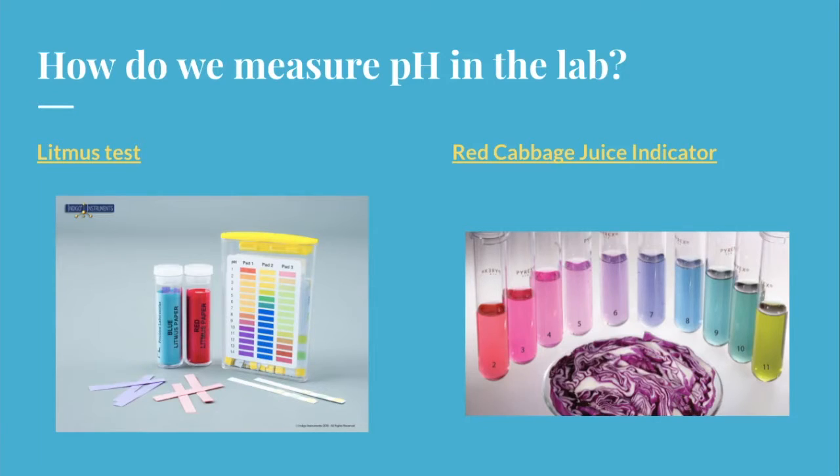So why do we care about learning about pH? It's important, especially when we start talking about nutrition and how our body digests different things, because our intestinal tract and digestive system has different pHs throughout. Our mouth is very neutral because of the saliva.